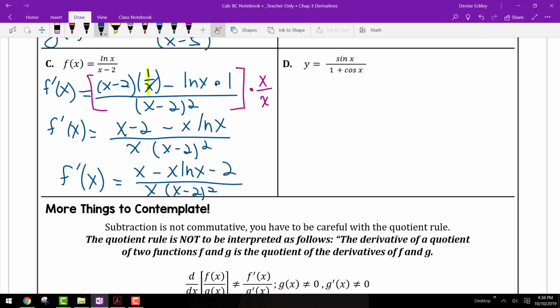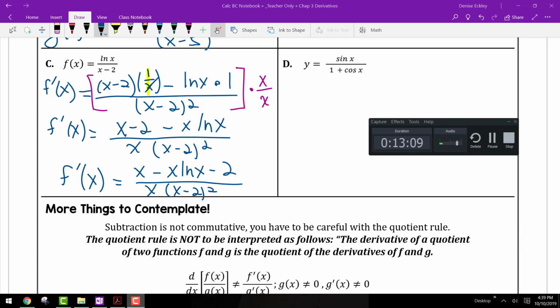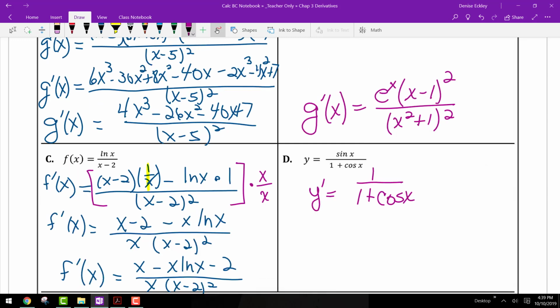Okay, so pause the video, take a minute and do B and D, and then check your answers. Okay, so here are the answers for part B and part D. Now for part D, if you didn't get this exact answer, go back and look at what you have, and you'll see that there are things that you can factor out, change, or use trig identities to simplify that fraction.